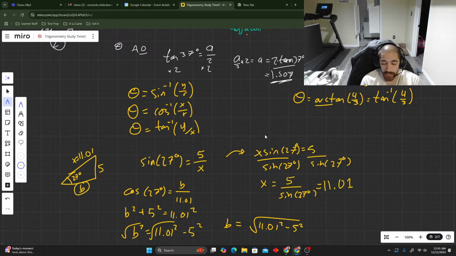Let's work that one out real quick. 11.01 squared minus 5 squared gives us 96.22. And if we take the square root of that, we get 908.1.